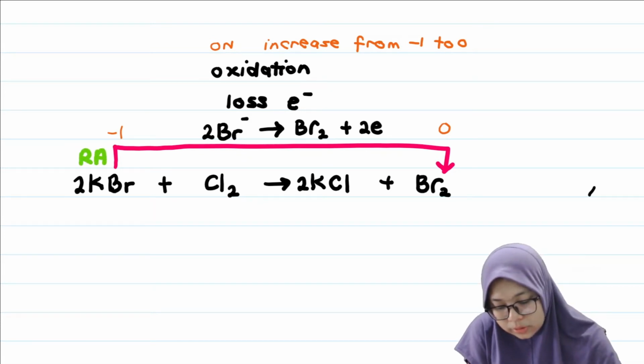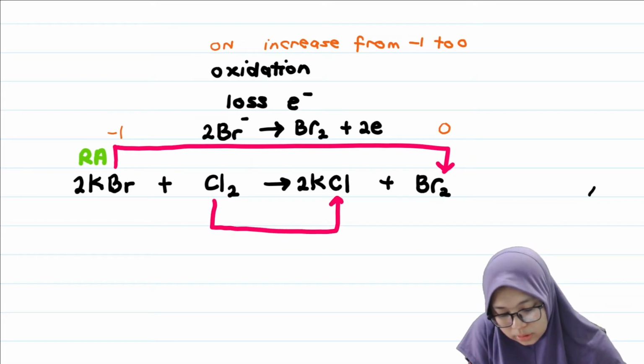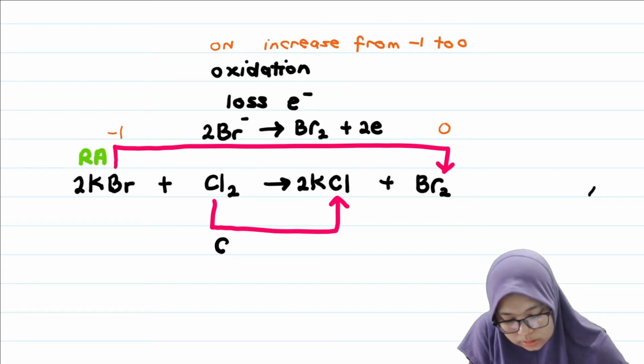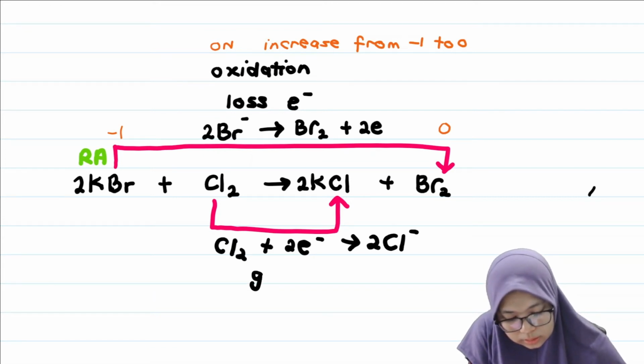In this reaction, chlorine accepts electrons to form chloride ion. So the half equation will be Cl2 plus electrons to produce 2 chloride ions. This reaction gains electrons, so this is a reduction reaction.